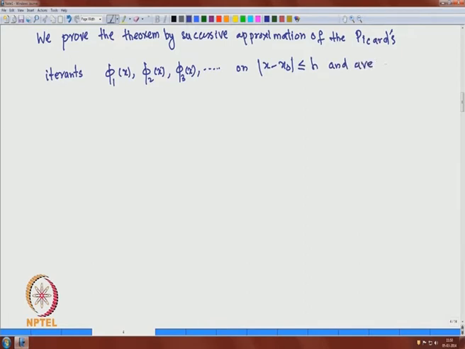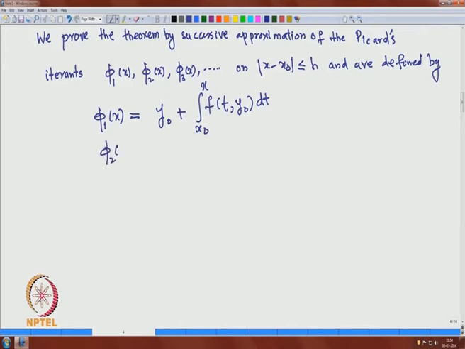and are defined by phi 1(x). So, phi 1 is equal to y0 plus the integral from x0 to x of f(t, y0) dt, where y0 is the initial condition, a constant function, and phi 2(x) is y0 plus the integral from x0 to x of f(t, phi 1(t)) dt, etc., and phi n.